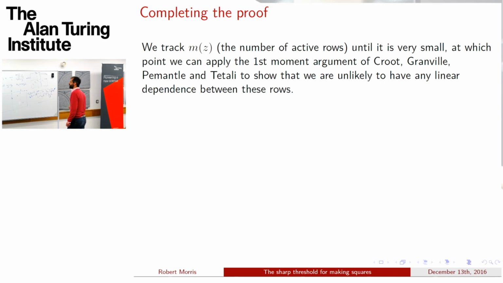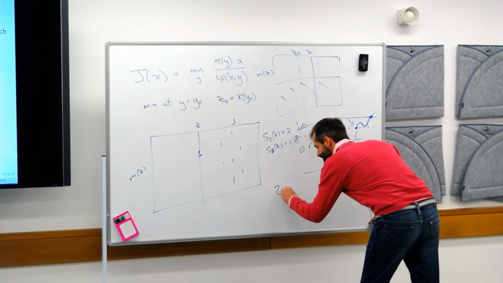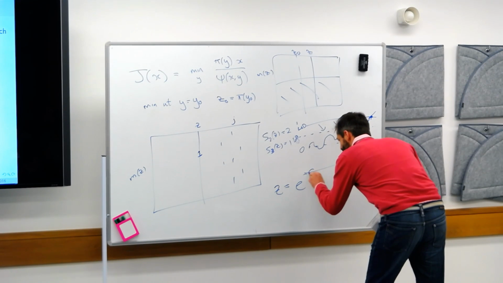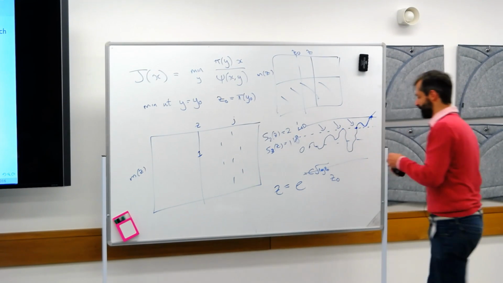Okay, so I already said this before, but let me just say it quickly again. We track m of z until it's very small. Very small means that you've gone past z0 until all the way to z is e to the minus some large constant root log z0 times z0.